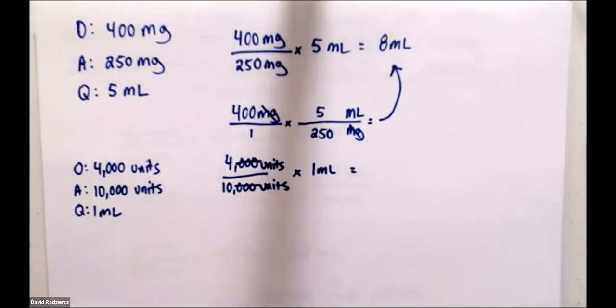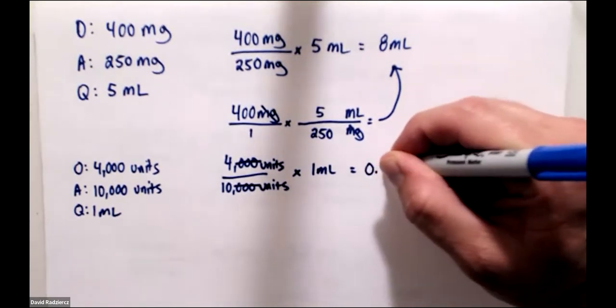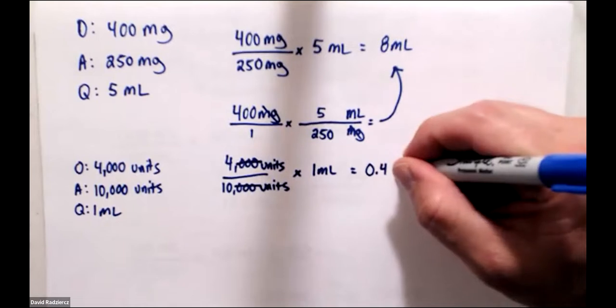So 4 over 10 is much easier to put into your calculator than 4,000 over 10,000. Just something to keep in mind. You don't have to do it that way. I'm adding in another hopefully helpful portion there. And so my answer here would be 0.4 milliliters.